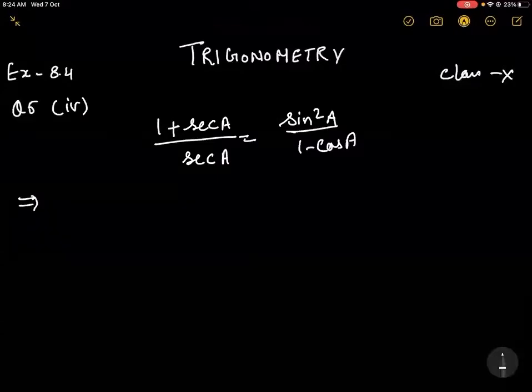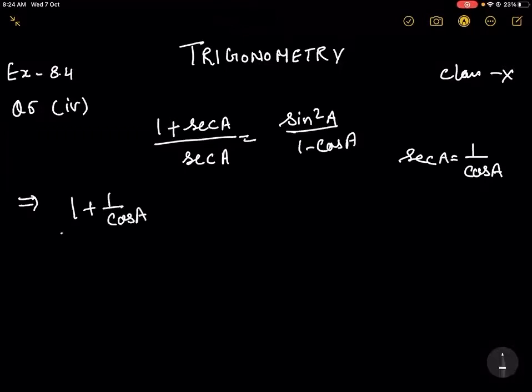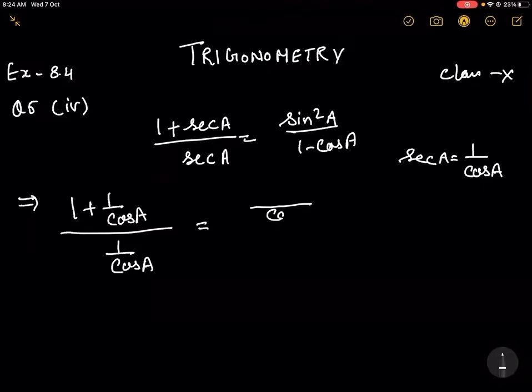First step, convert sec A in the form of cos A. We know that sec A is equal to 1 upon cos A. Instead of sec A, we can write 1 upon cos A, so 1 plus 1 upon cos A. Next step, take cos A as LCM.